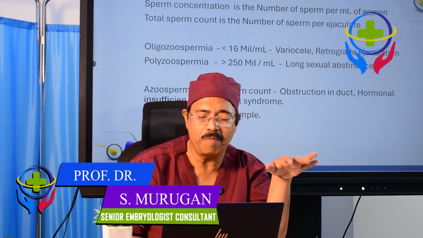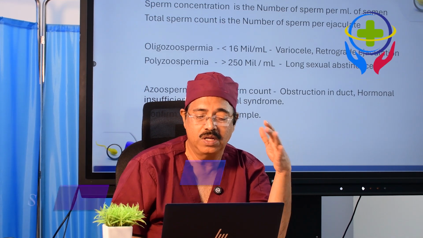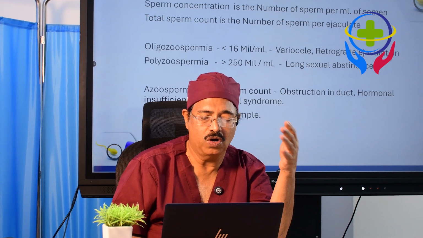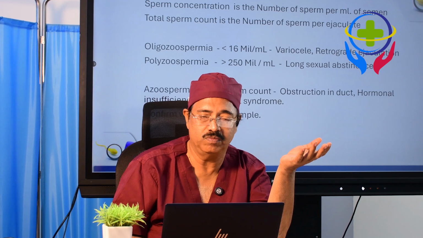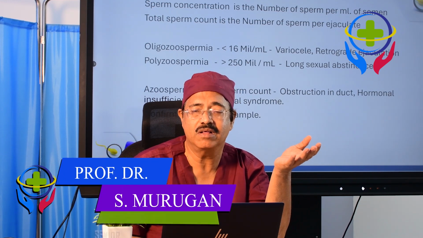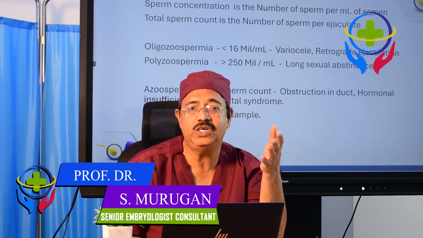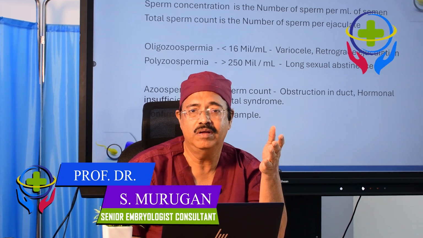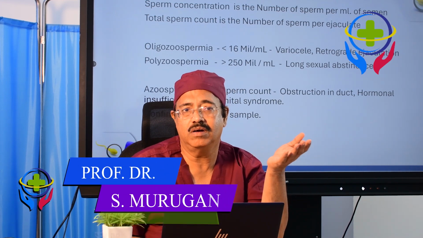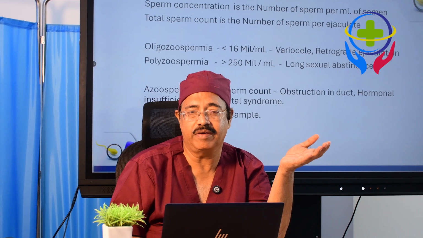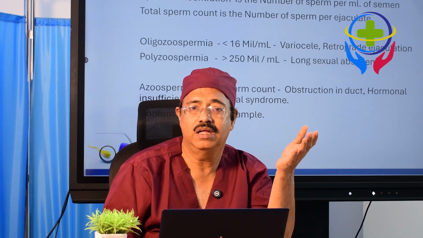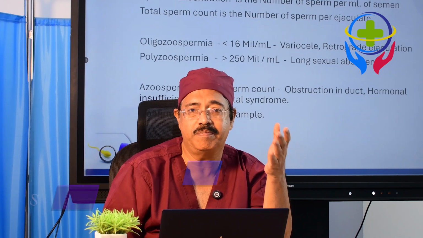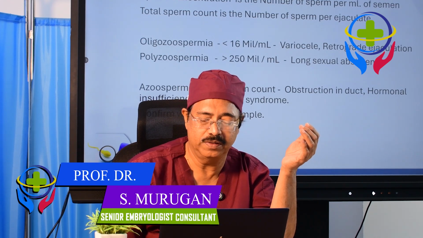This azoospermia condition may be due to obstruction in the duct, hormonal insufficiency, or congenital syndrome. In that case, we request the patient to give another sample within a 1 to 3 month interval and confirm whether the azoospermic condition persists in the patient or not.